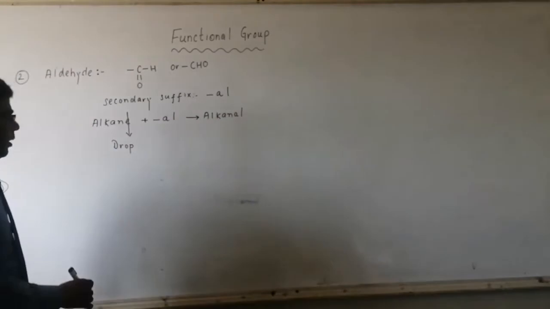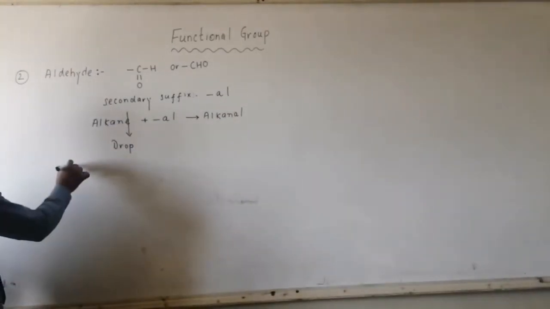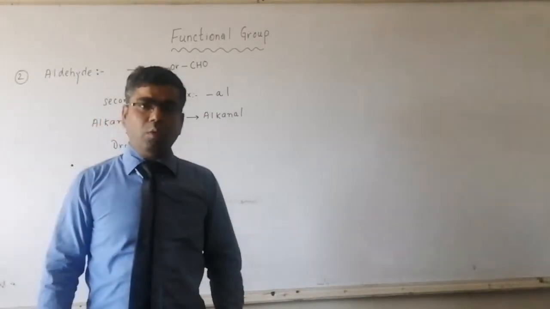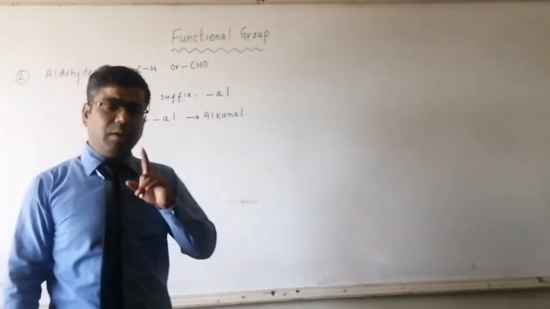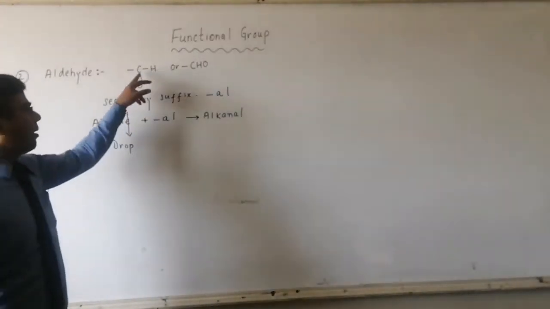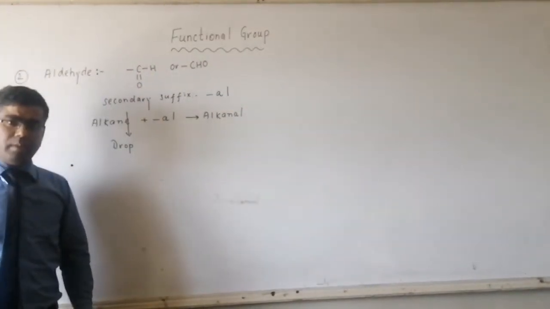Now, the simplest member, or the first member, will have one carbon atom. One carbon atom is already there in the CHO group.